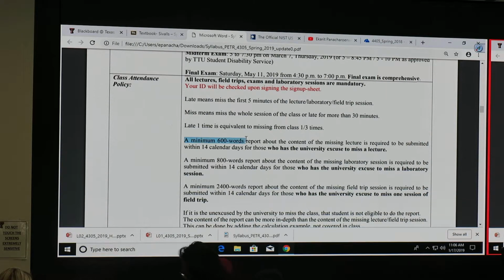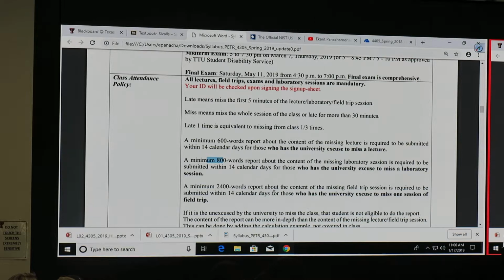If you miss it, you write a 600-word report. You are allowed to write that only if you have a university excuse to miss a lecture. If you don't have a university excuse, you are not allowed to write it. It's just a little bit, 600 words is not much. If you miss the lab, it's 800 words.